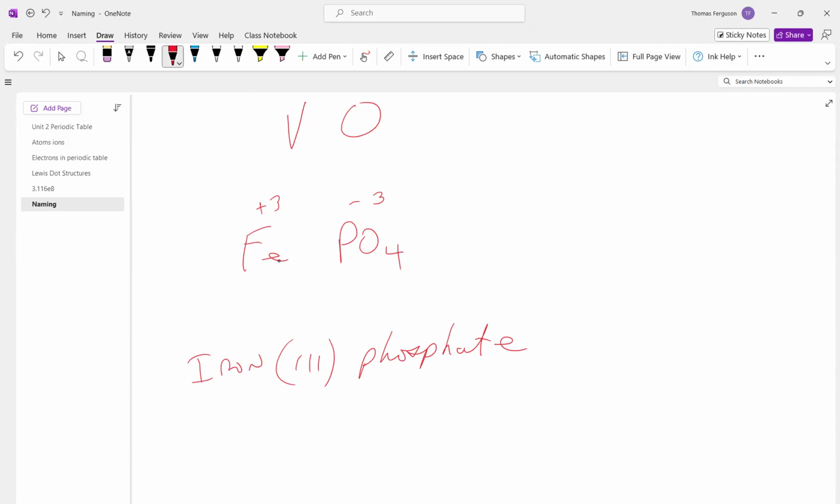Ah, you mean on the PO4? Repeat your question again. Yeah, because there's multiple forms of iron, so we have to distinguish which one. Her question is, why do we do that?